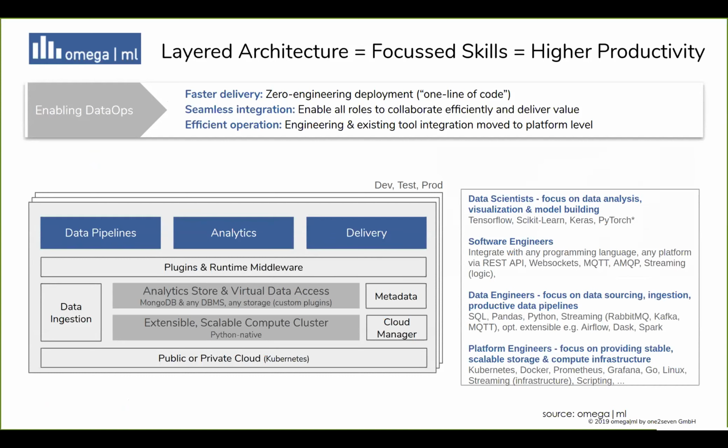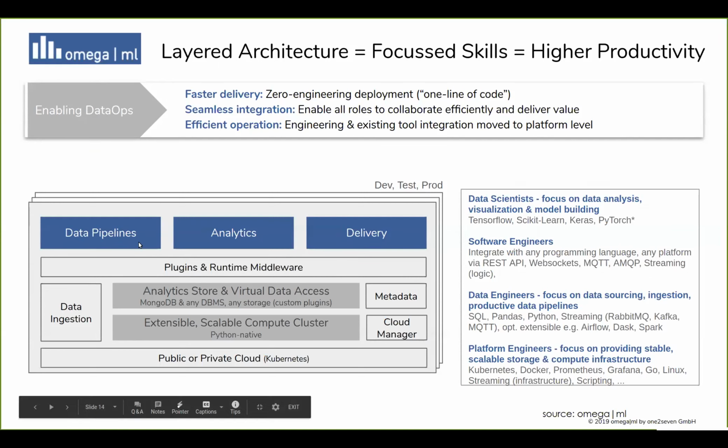Last but not least, I want to emphasize one aspect that has also somewhat come up in the previous discussion with René about the different people involved and the different roles. I think that a platform like OmegaML really helps to enable the organizational part as well, because you can focus the skills on specific tasks.